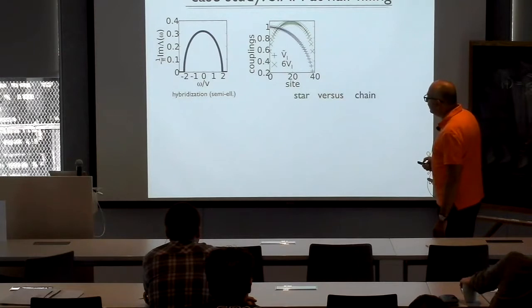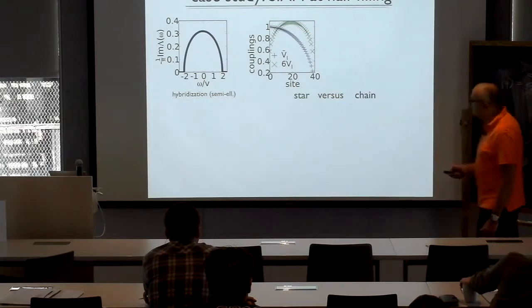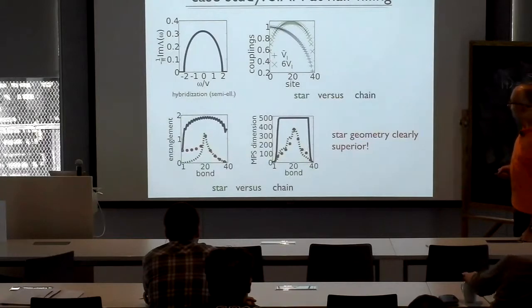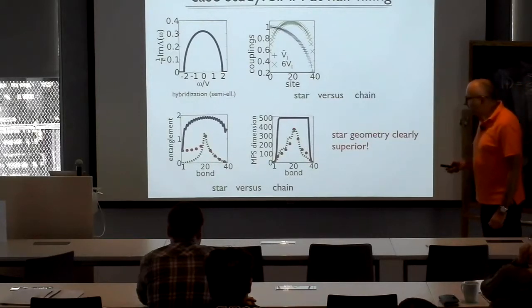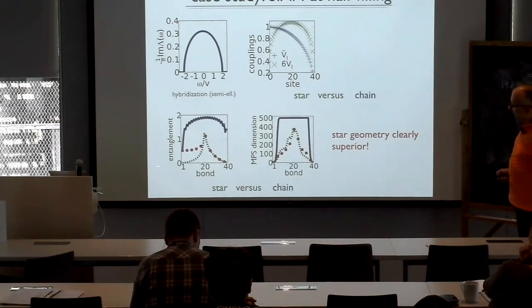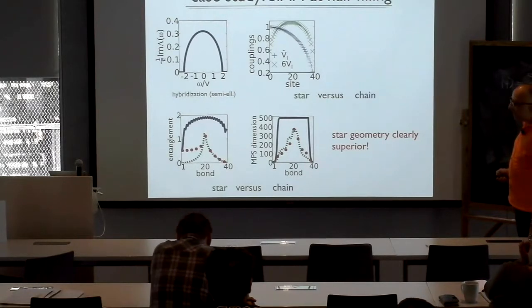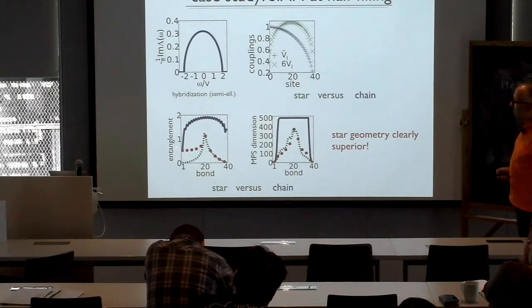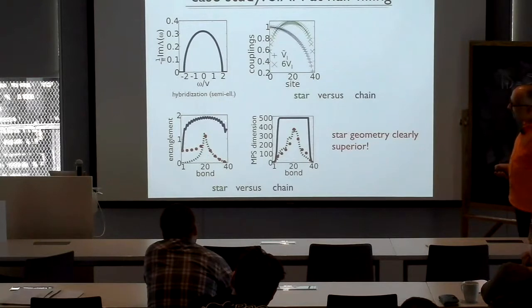But what you find is, hang on. So what you find is, ignore the red dots, please, and just look at the green versus the blue curve. What we have here is the star where we actually put the impurity in the center. You have very little entanglement, and if you use the chain geometry, where everyone would have said it's much, much better, the entanglement is much higher.